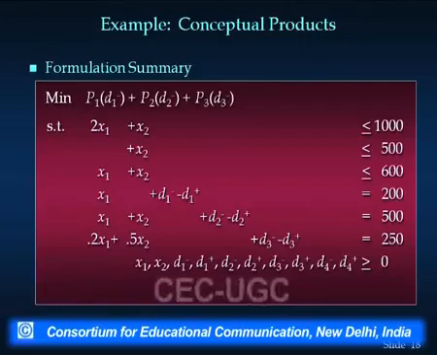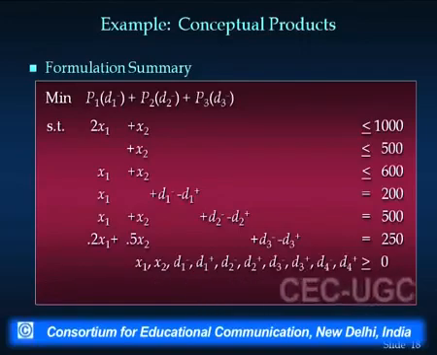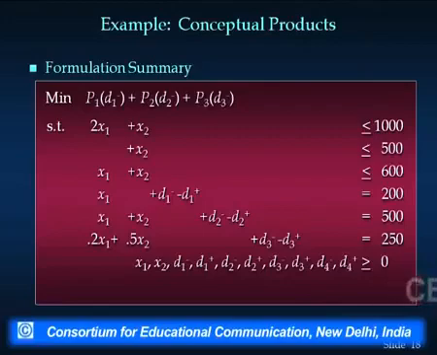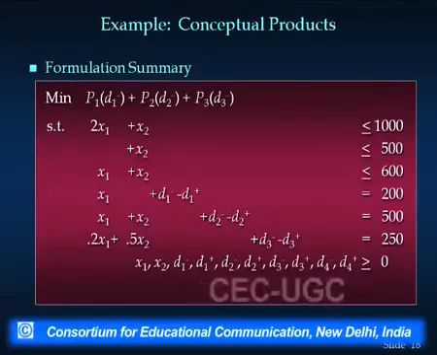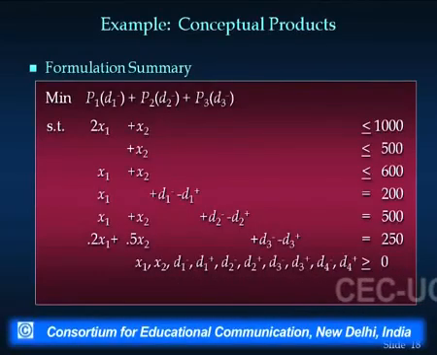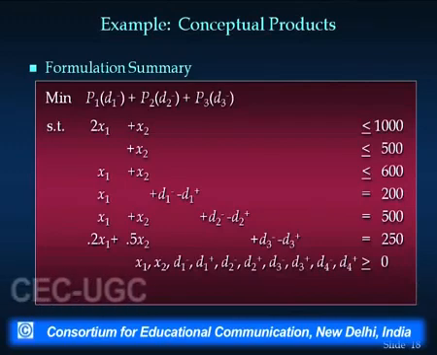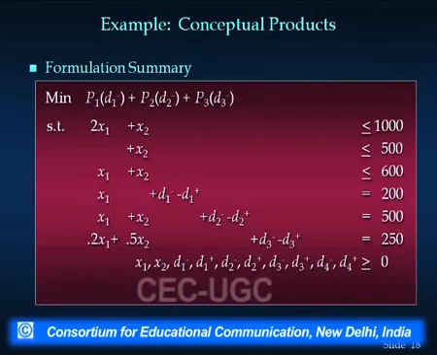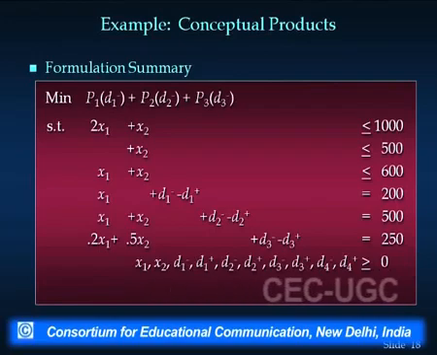Of course, we will add to this the non-negativity constraint: x1, x2, d1 minus d1 plus, d2 minus d2 plus, d3 minus d3 plus, all these values greater than equal to 0, and this completes our formulation of the problem.